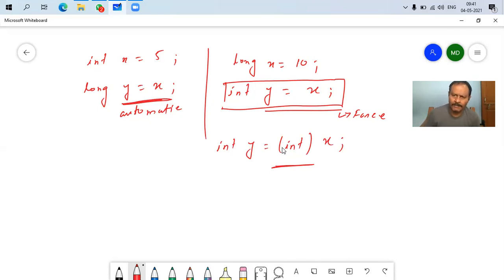And this we say as explicit conversion, and this one is implicit conversion. ये हो गया implicit, ये हो गया explicit.